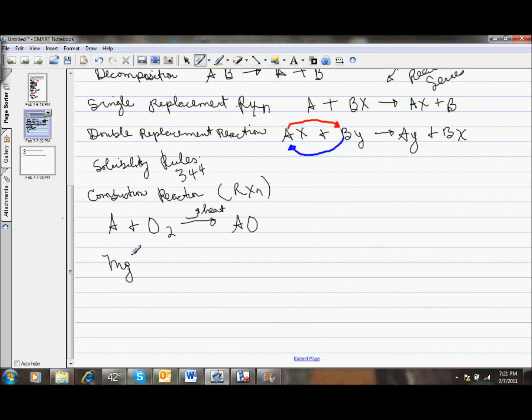What it requires that you remember is that magnesium is in group 2A, and those are elements that are to the far left on the periodic table, generally form cations. And so a cation has a positive charge, and so magnesium is in group 2A, and so it forms 2+ ions. Nitrogen, on the other hand, is on the far right of the periodic table. Nitrogen is in group 5A.